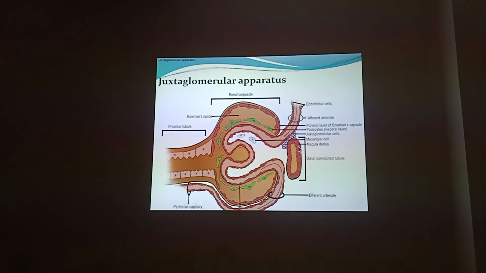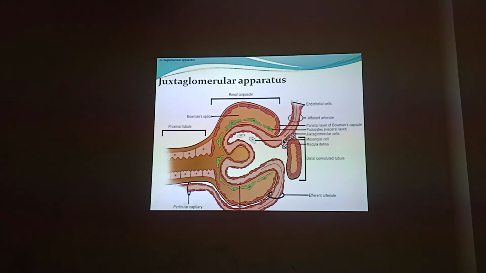Okay, and this afferent arteriole, here the lining is the tunica adventitia, tunica media, and tunica intima. But at this region, tunica intima is absent, and tunica media, the smooth muscle cell, it contains renin, which responds to the low sodium concentration as well as the sympathetic stimulation.